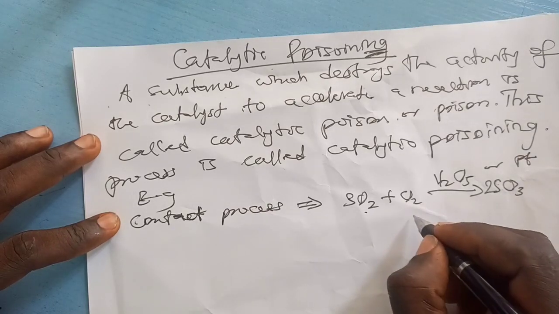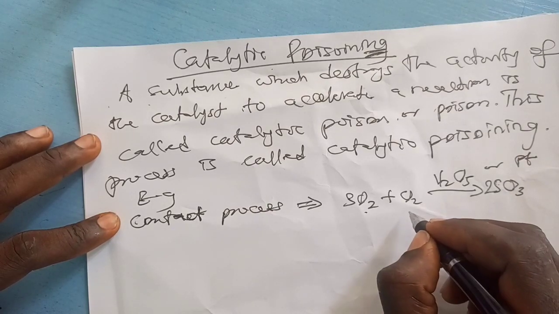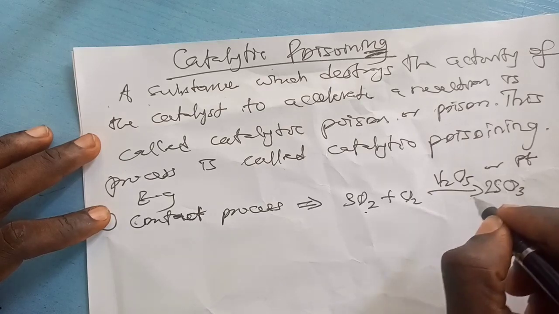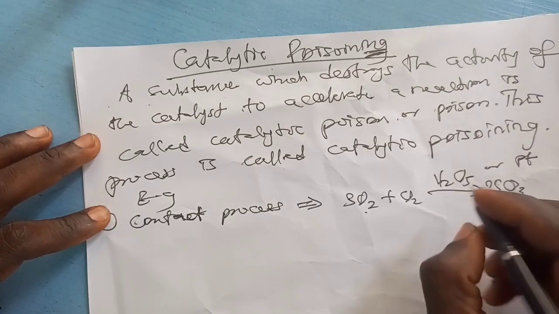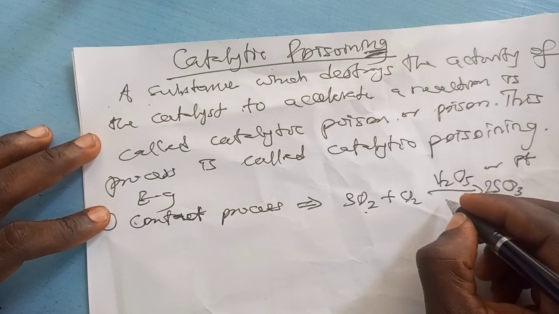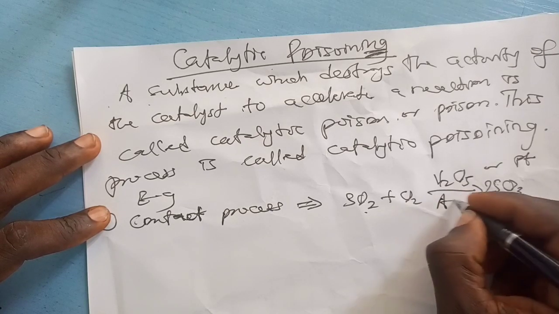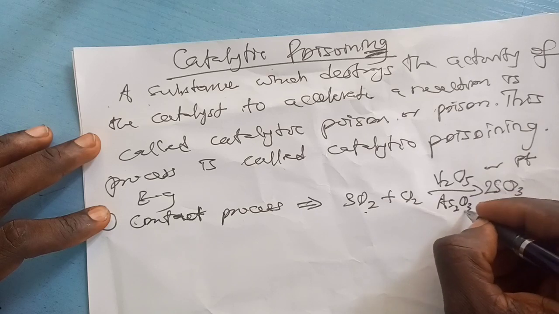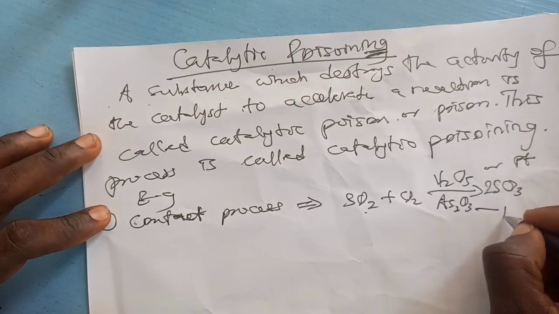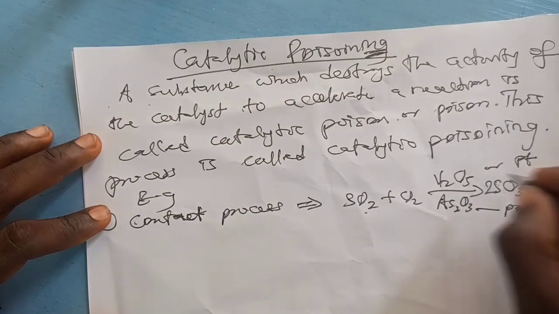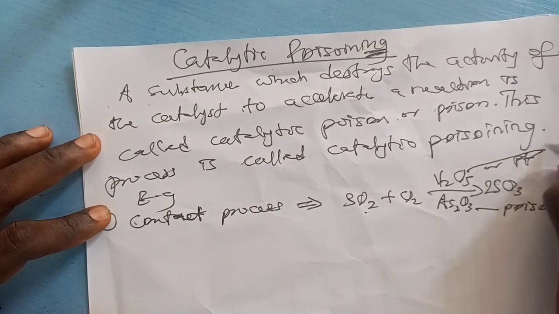But the poison that can destroy this catalyst from accelerating this reaction is As2O3. I believe you know the chemical name is arsenic oxide. This is what? A poison. And this one, they are what?